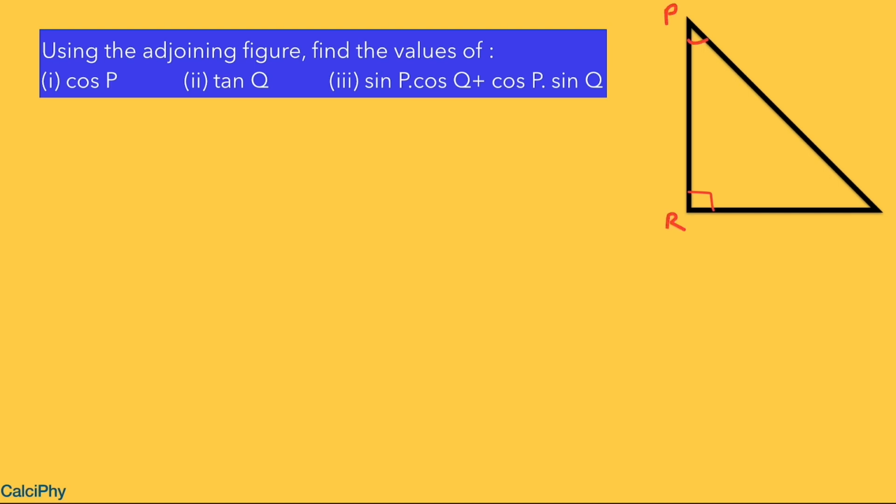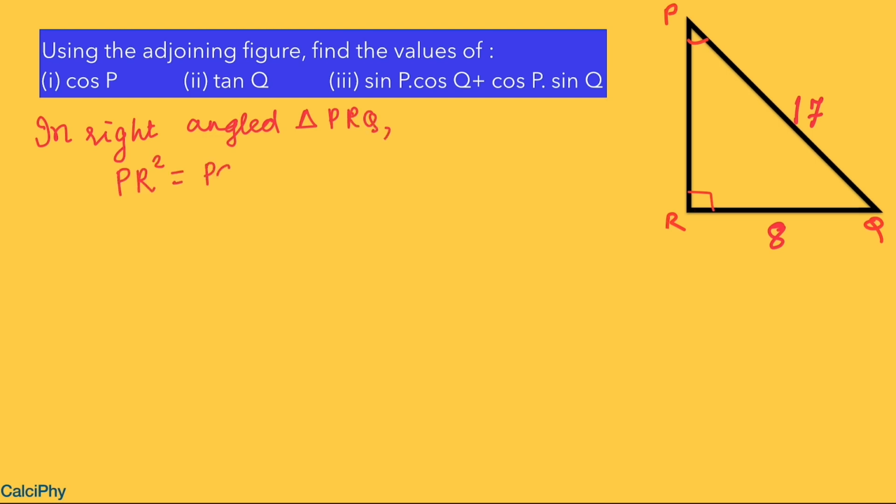Here we are given only two sides, PQ and QR. So, we firstly find out the value of the side PR. How do we find that? Yes, we use Pythagoras theorem. So, according to Pythagoras theorem, we get PR square is equal to PQ square minus QR square.